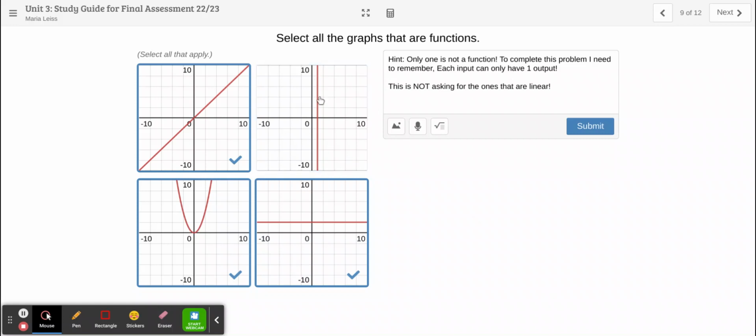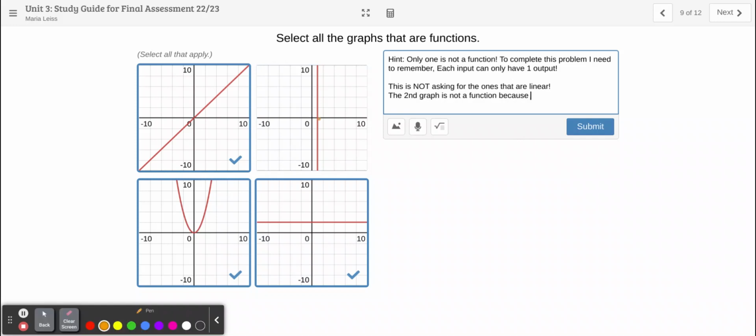The second one is not a function, because for this input right here of x, if I go up or down, it has all these different outputs. Each input can only have one output.